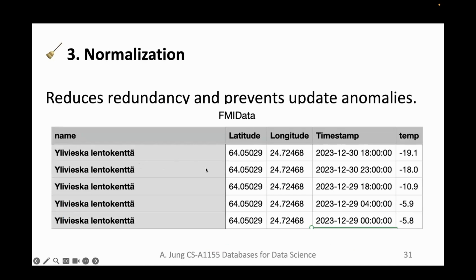For example, I show here one relation that I just downloaded from the Finnish Meteorological Institute, which contains temperature recordings. And so this relation has the attributes name, the name of the weather station, then the latitude of the weather station, the longitude of the weather station, a timestamp of the weather recording, when did we take the weather observation, and the value of the observation, of the physical quantity, the temperature.